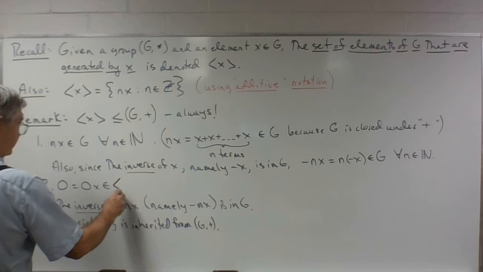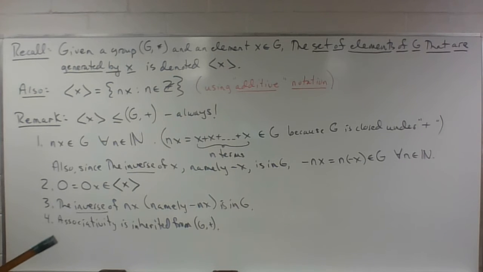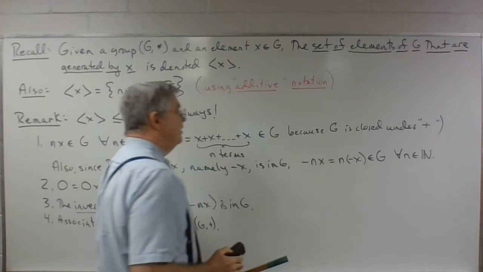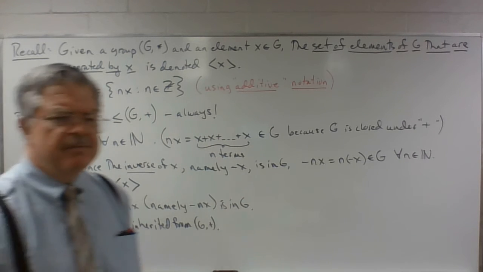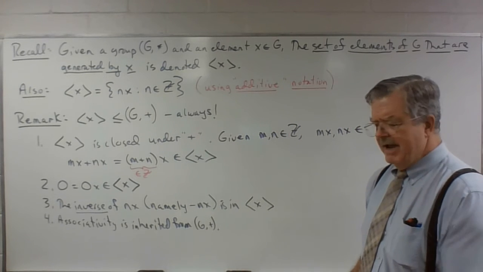I wanted to say that it's contained in the set of elements generated by X. I'm showing that the set generated by X is a subgroup of G. Excuse me for a minute, please. I beg your pardon. I don't know what I was thinking, but let me backtrack.